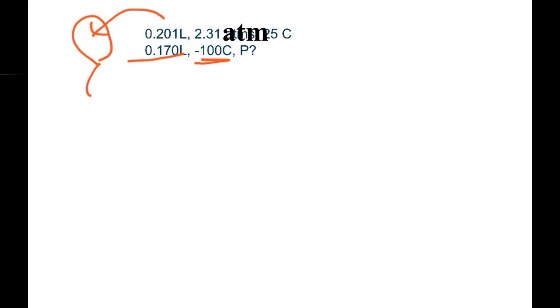Now the question is, what is the new pressure? Since a balloon is enclosed, we can assume that the moles stay constant, and thus our three changing variables are P, V, and T.